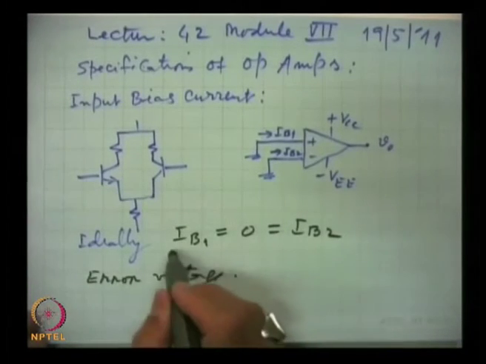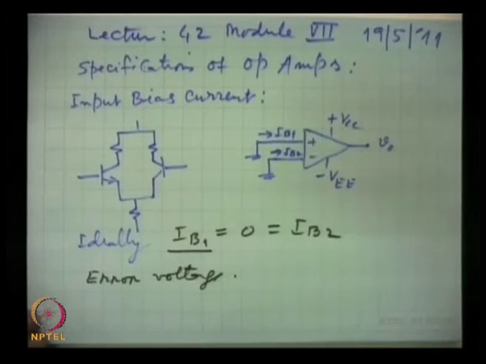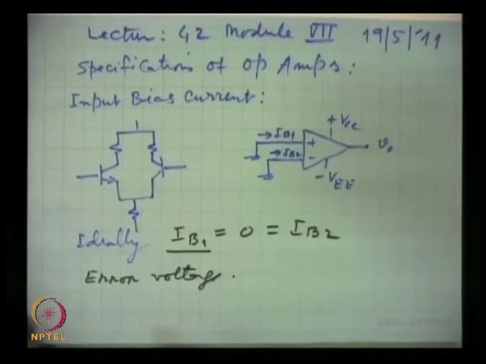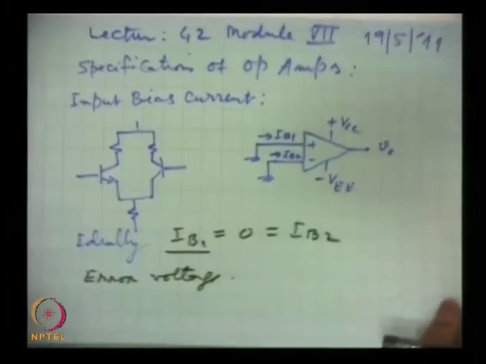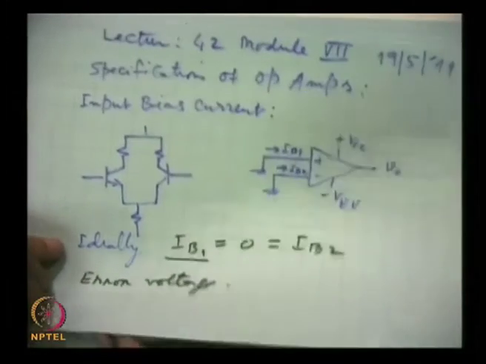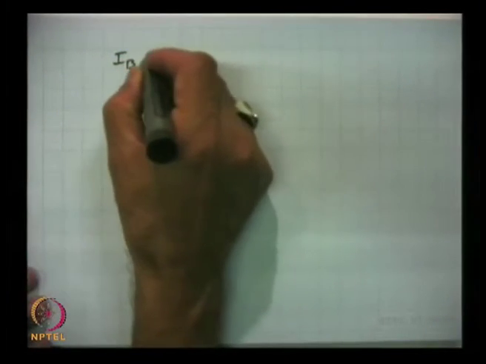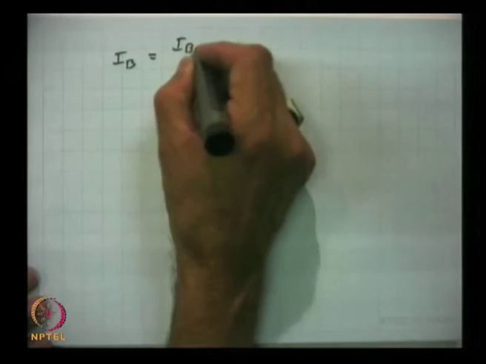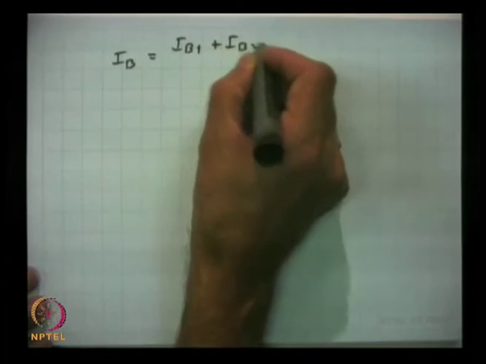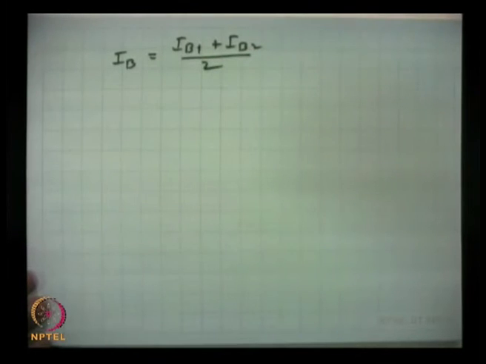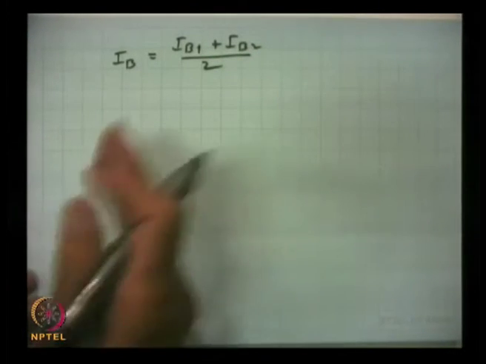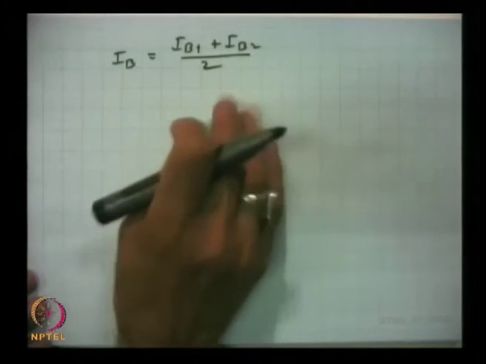And the smaller these currents IB1 and IB2, the better it is. The input bias current is defined by manufacturers as the average current IB, as IB1 plus IB2 by 2, and this is specified for various op-amps.